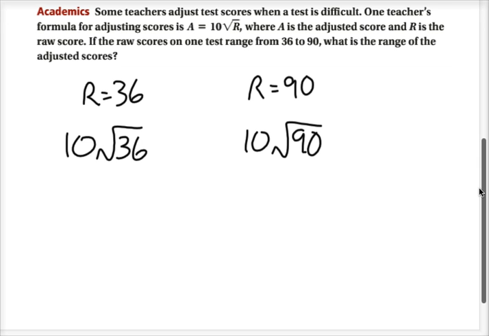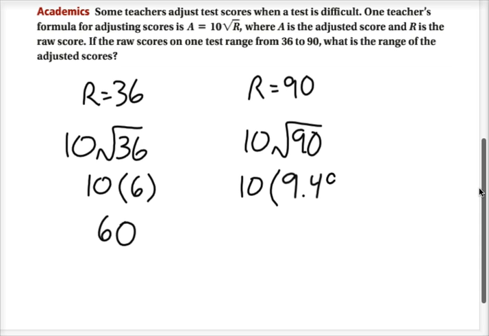So you're 10 times square root of 36. Well, you should already know the square root of 36 is 6. So that would lead to an adjusted score of 60. Now, square root of 90, that one's not so nice. When you take the square root of 90, that's giving you 9.49 blah, blah, blah.